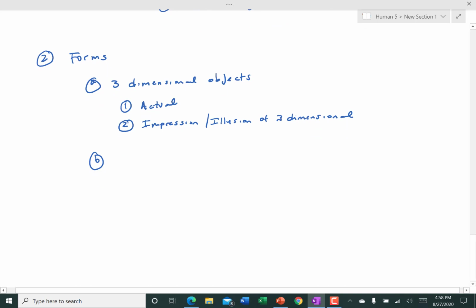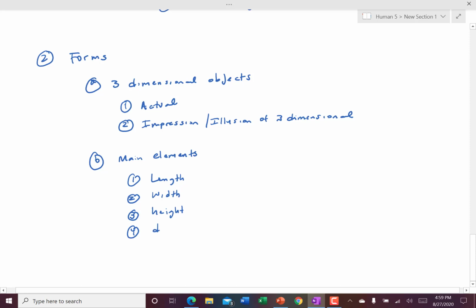So you have several main elements that are key to forms. The first is, again, shapes make up forms, or part of forms. So you have length and width, which are important, but you also have now height, or you have width and height, and now you have length, sorry.